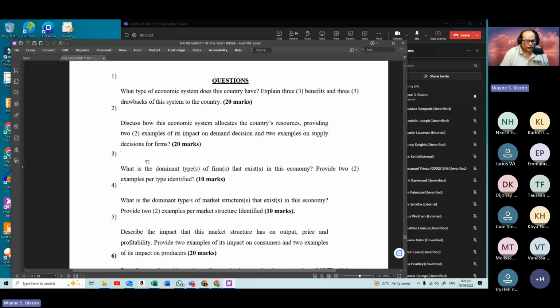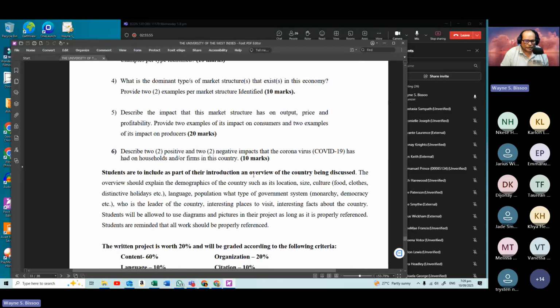Now, alongside the question, you also have to do an introduction to each of the countries that you choose, and that should include the main demographics of the countries, its location, size, things about its culture, food, clothing, distinctive holidays, language, population, what type of government is in existence, government system, who are the current leaders, things of interest in the country, all these kinds of things that help make it enjoyable as well.